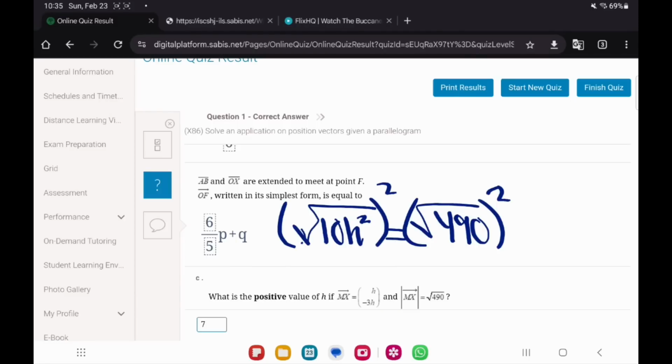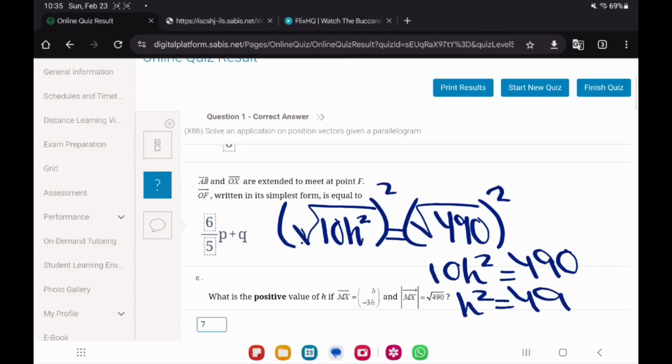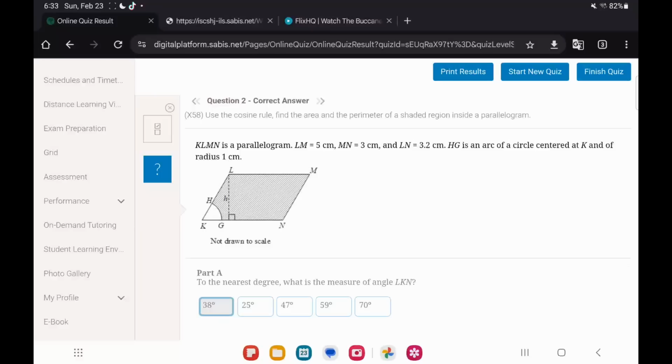Okay, so then that cancels out, so it becomes 10h squared equals 490. Okay, so divide both sides by 10. H squared equals 49. What number, or you can put the radical sign over 49, but common sense, what number multiplied by itself gets you 49? 7. So that is your answer.